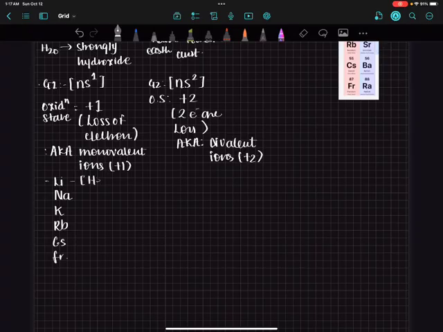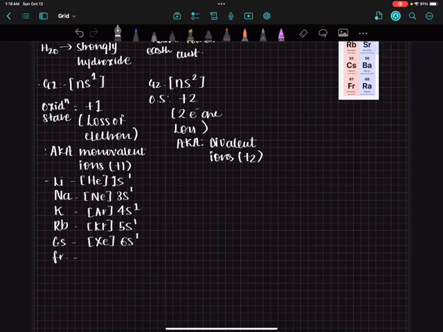Sodium will be neon 3s1, potassium will be argon 4s1, rubidium will be krypton 5s1, cesium will be xenon 6s1, francium will be radon 7s1.